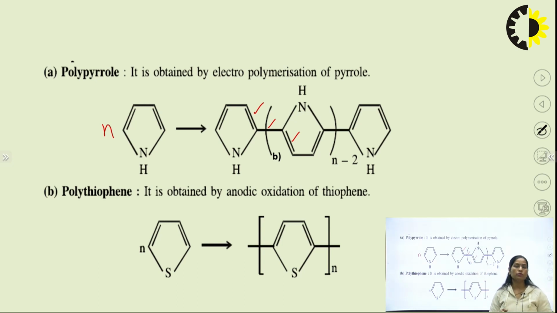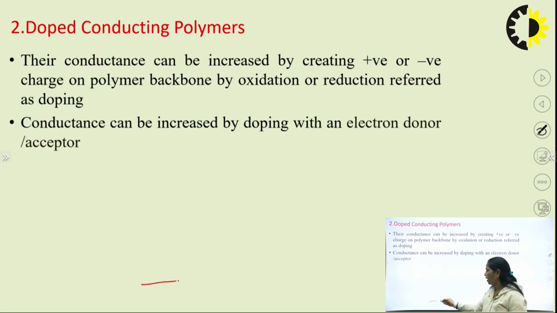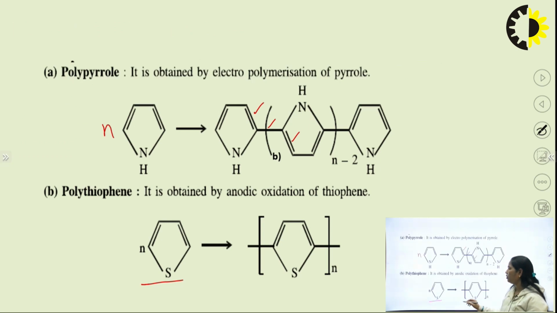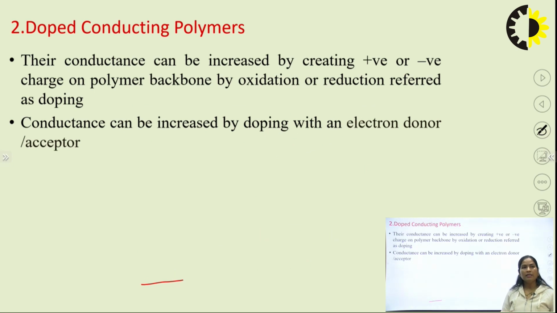This is known as a conjugated pi system, and this molecule is conducting in nature due to the availability of the conjugated pi system. Another important, useful example is polythiophene, in which n number of thiophene units convert into polythiophene.